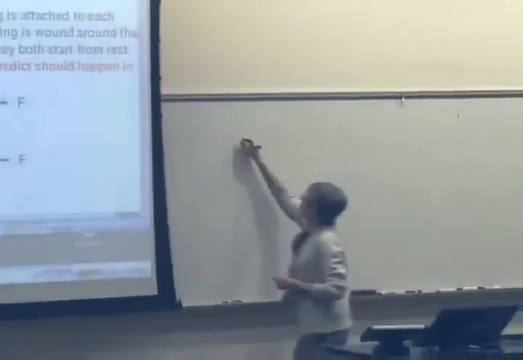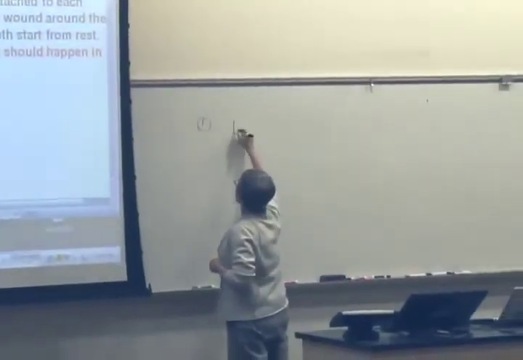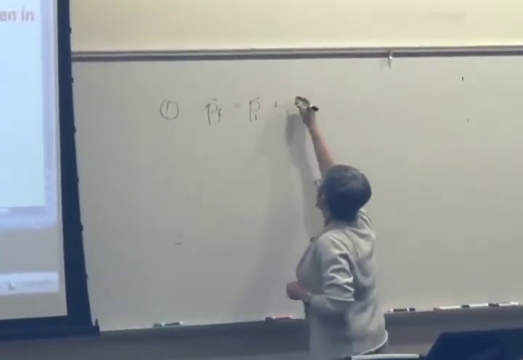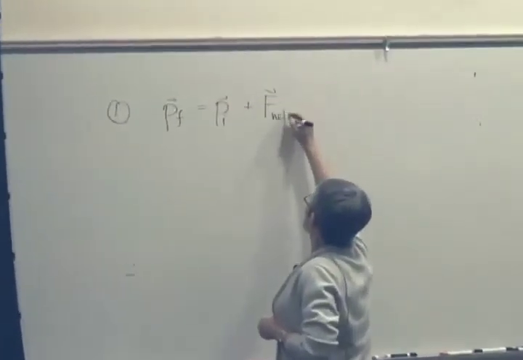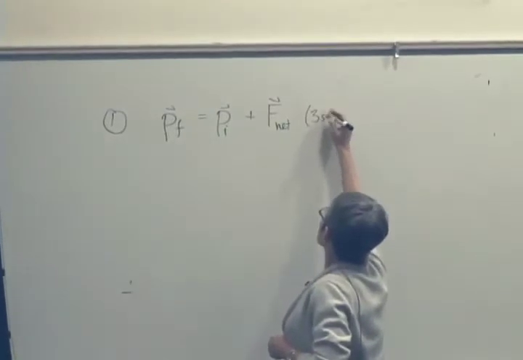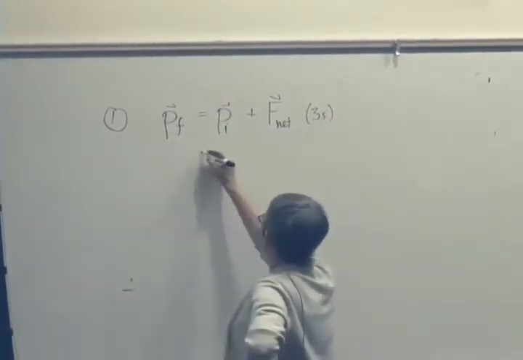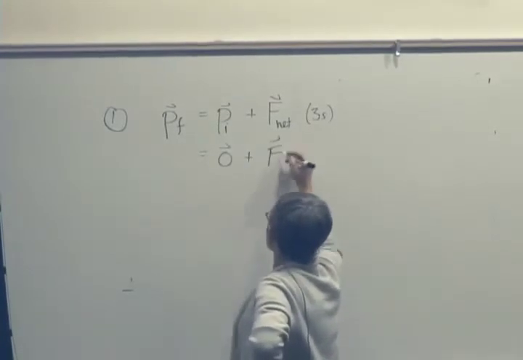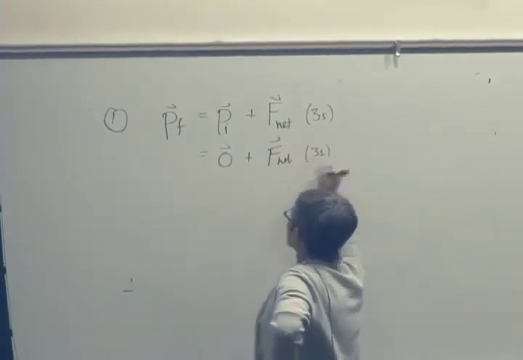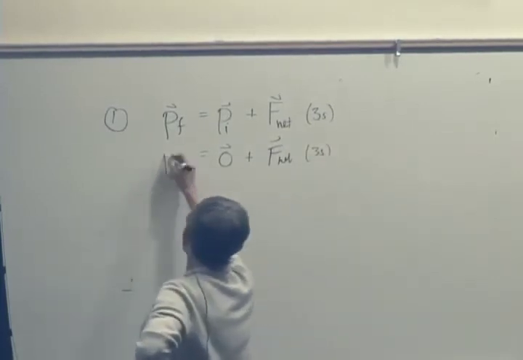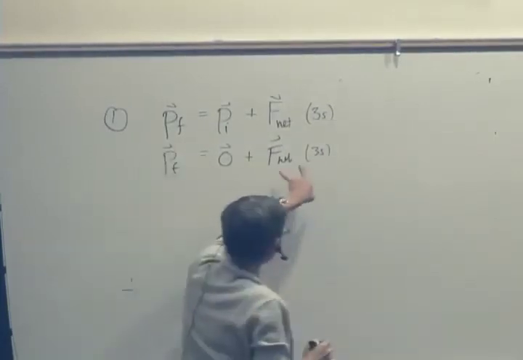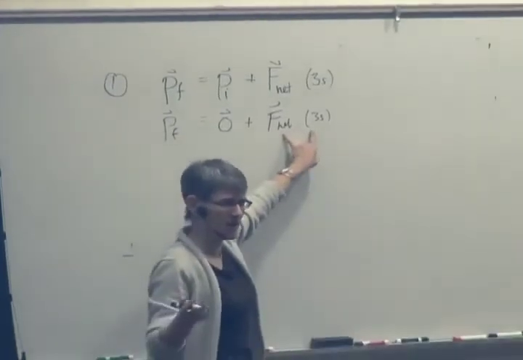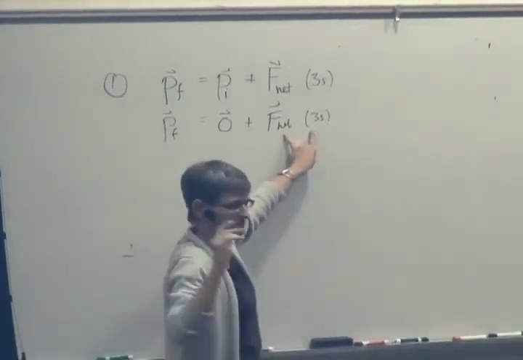So for puck number 1, P final is P initial plus F net times 3 seconds. Initially that was 0. So the final momentum is going to be equal to the net impulse applied, non-zero, in the plus x direction.